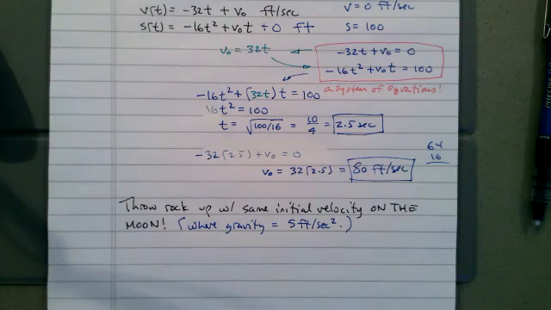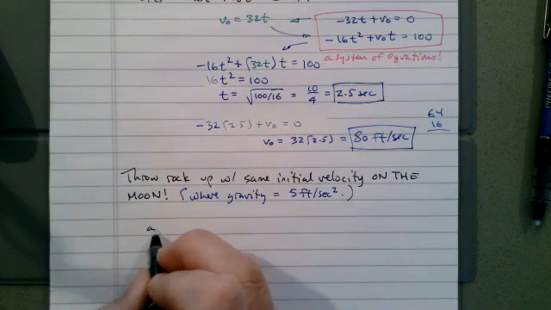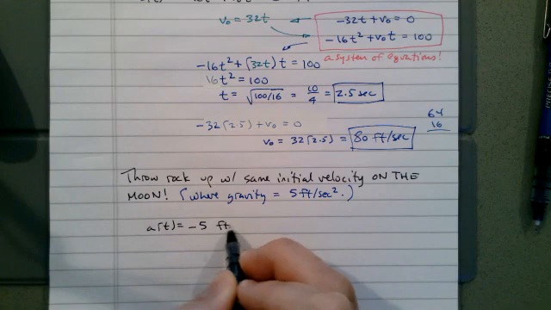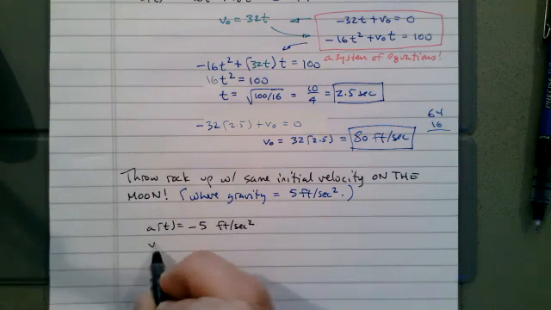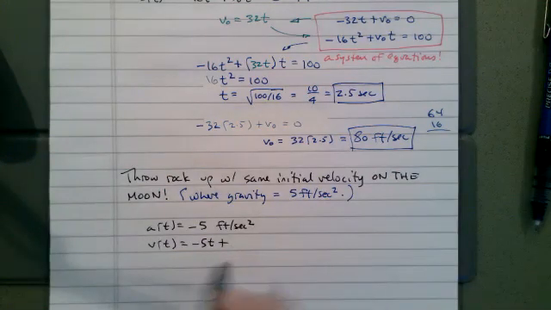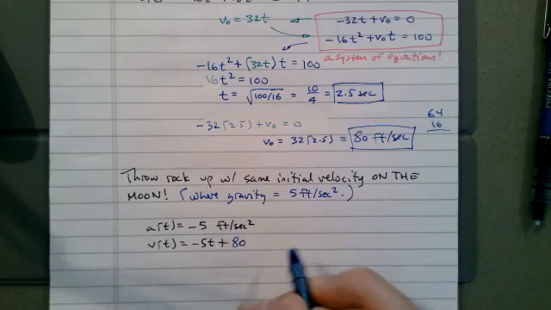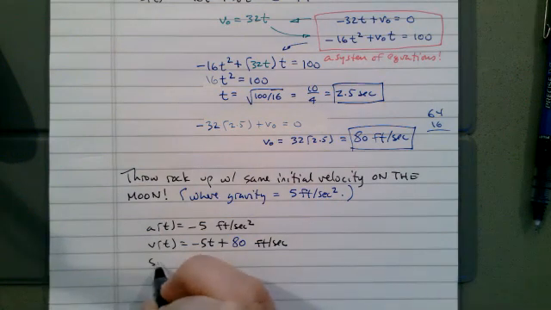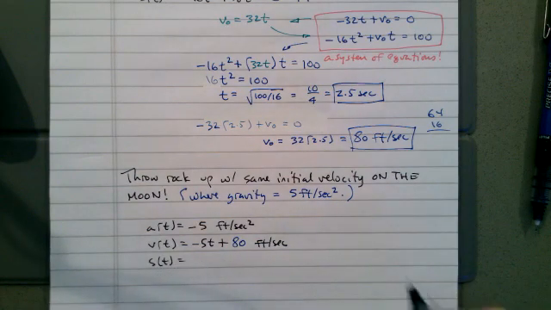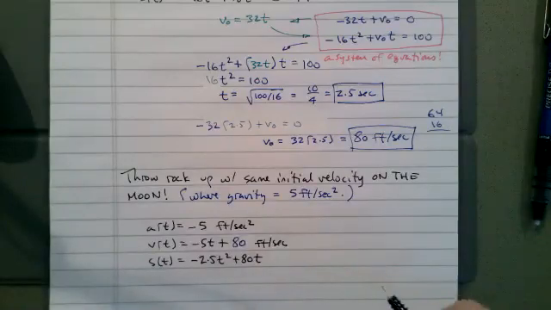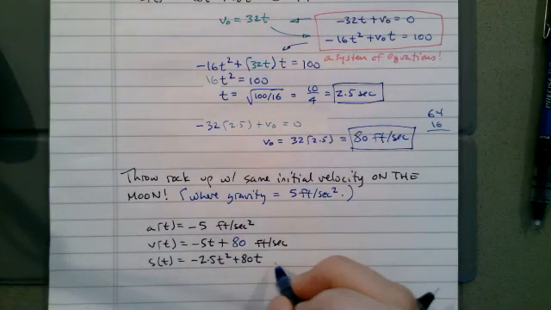So now our acceleration function is negative 5 feet per second squared. Our velocity function is negative 5t plus our initial velocity of 80 feet per second. And so our position function will be negative 2.5t squared plus 80t, and we're going to have to assume another plus 0 feet.